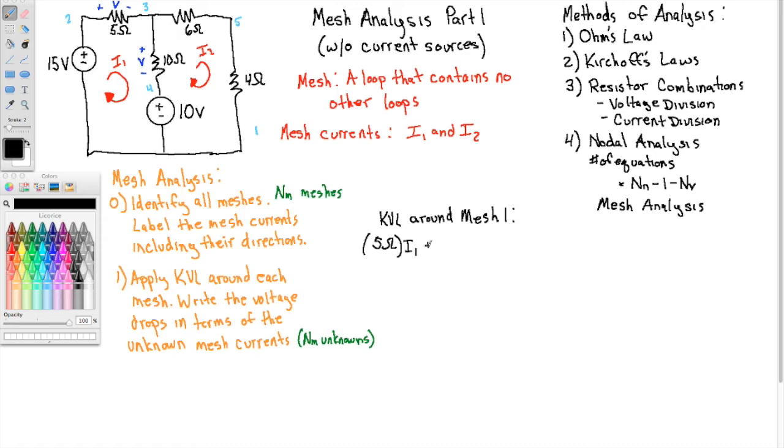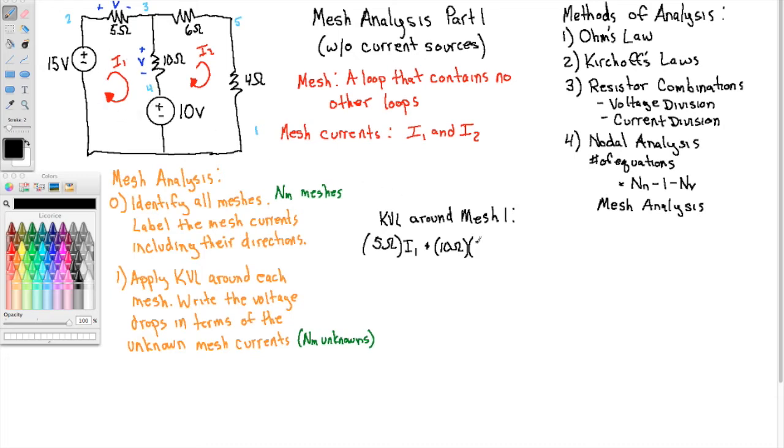Actually, let me back up. I'm going to add, because KVL is add the voltage drops. So I have this voltage drop, and I'm going to add the voltage drop. Ohm's law says that that's going to be the resistance times the current. So 10 ohms times. Now, I'm going with I1, right? Imagine I1 is just circling around this mesh. I'm going clockwise with I1.